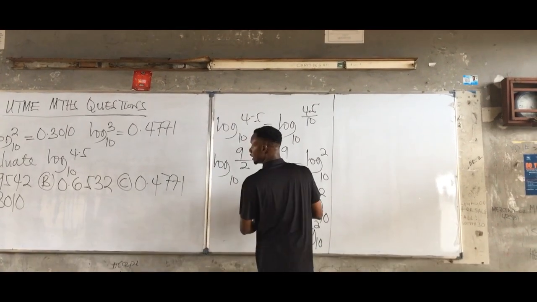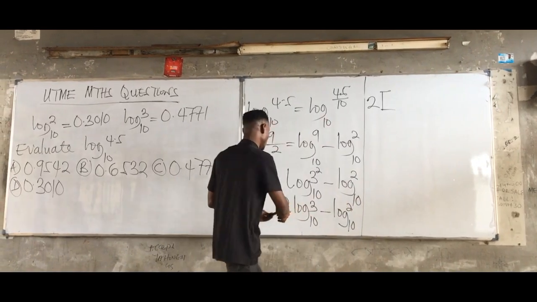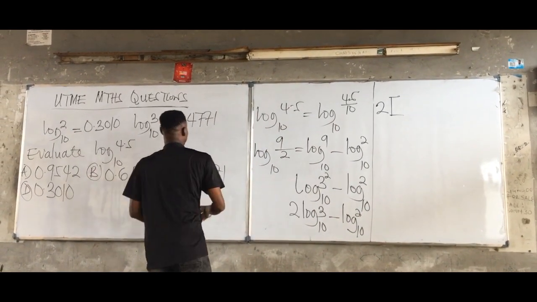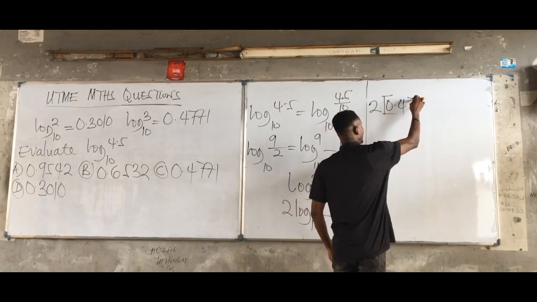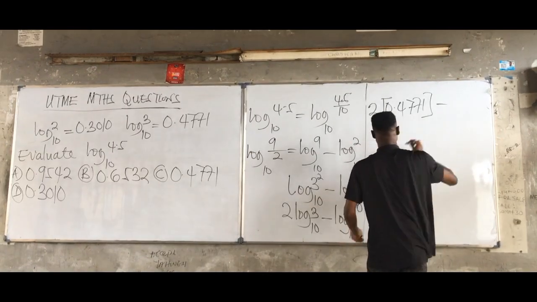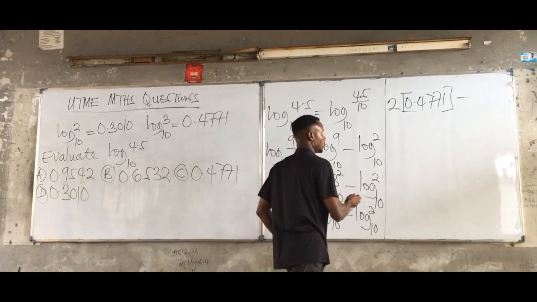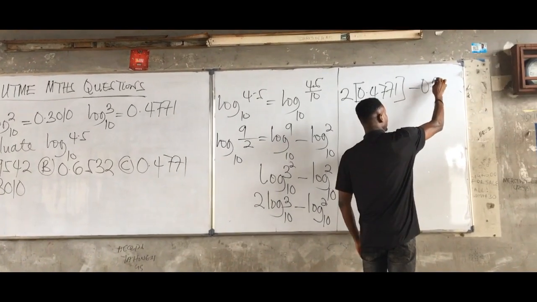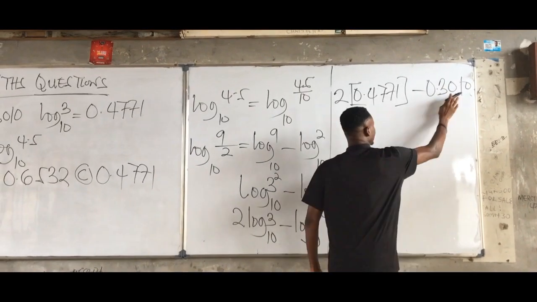Okay. To replace this here, I have this to be 2 times log of 3 base 10, which is said to be 0.4771. Please take note. What again? Minus log of 2, which is said to be, let's replace this guy here, that is 0.3010. Okay.